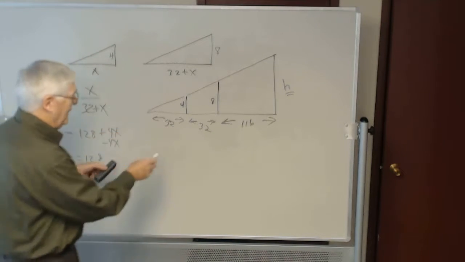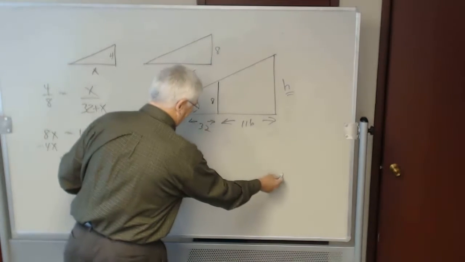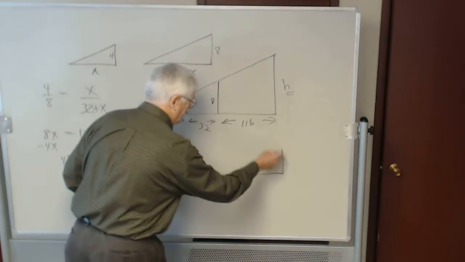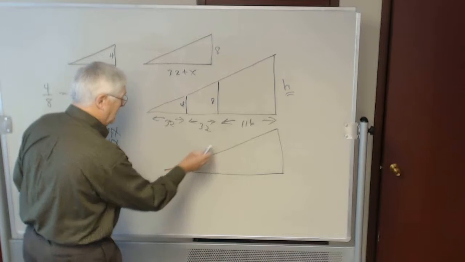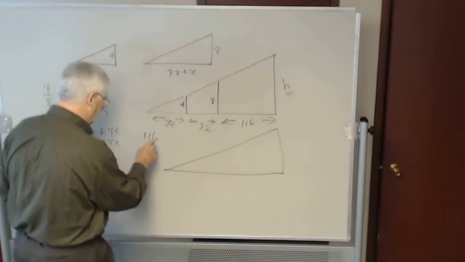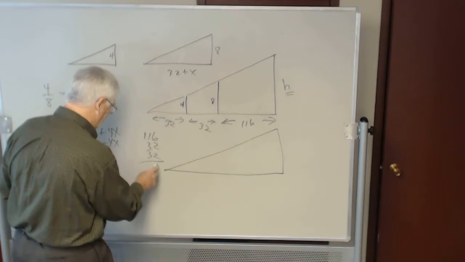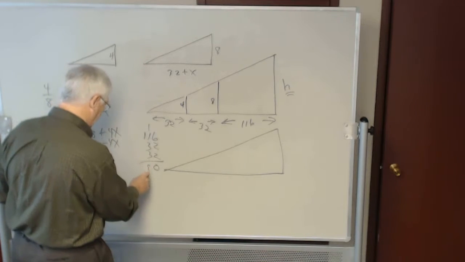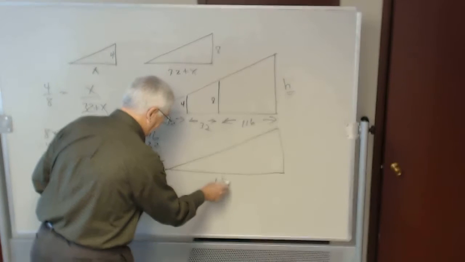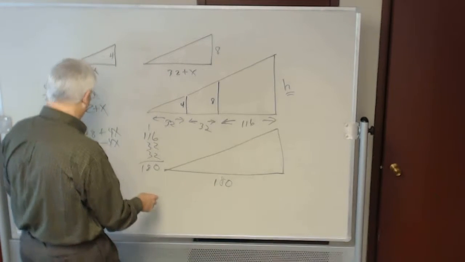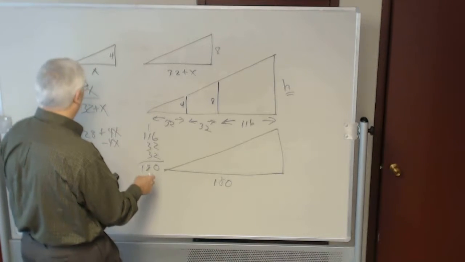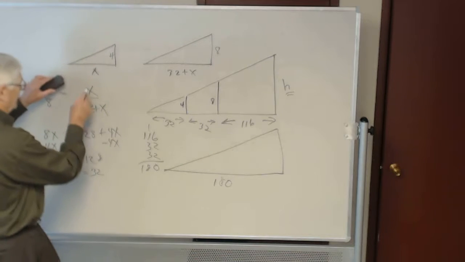Now I've got the big triangle. That's what? 116 plus 32 is 148. Now I've got 180 here. And what do I have here?